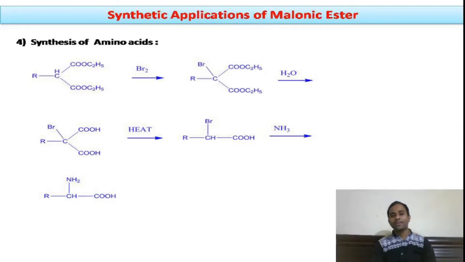In this way, from the malonic esters we can also synthesize amino acids. Not only these four synthetic applications, there are many synthetic applications for the malonic ester. We can also synthesize alcohols, cyclic carboxylic acids, beta keto acids, right? These are the variety of compounds which we can prepare from the malonic esters, right?